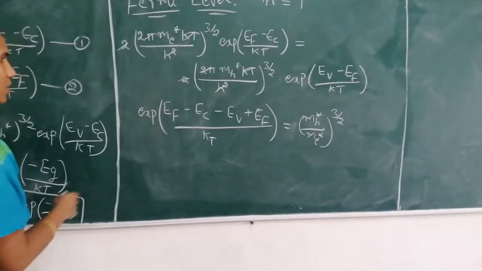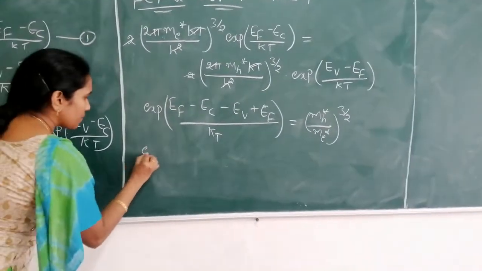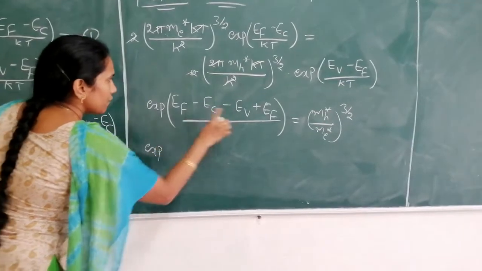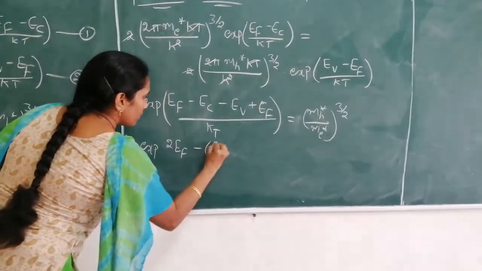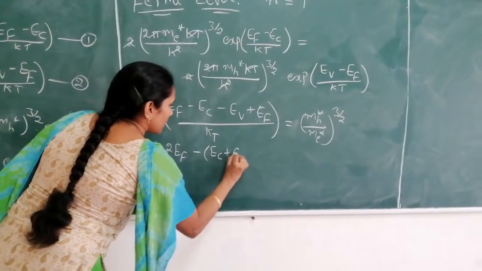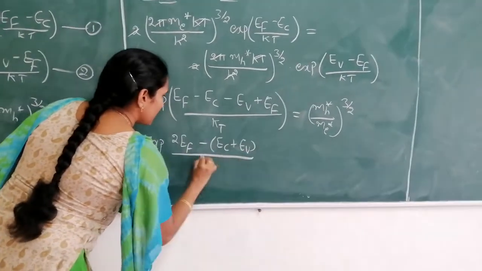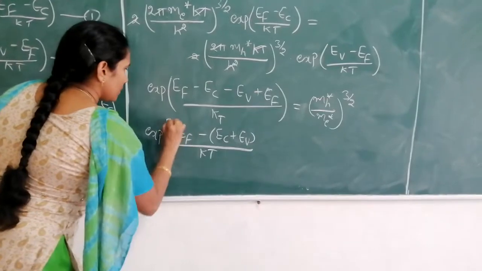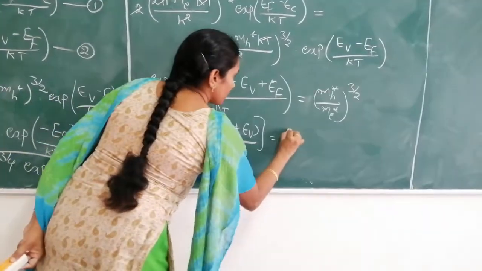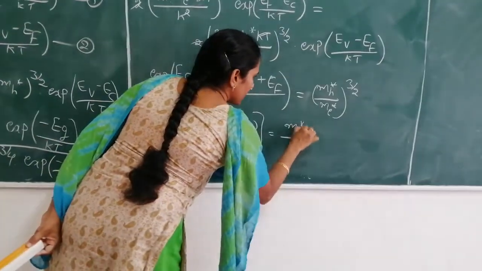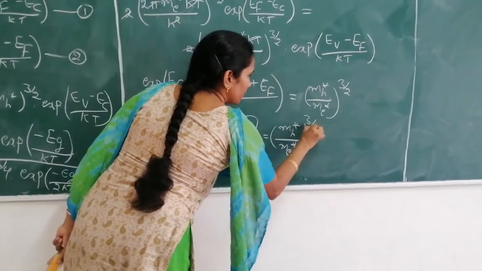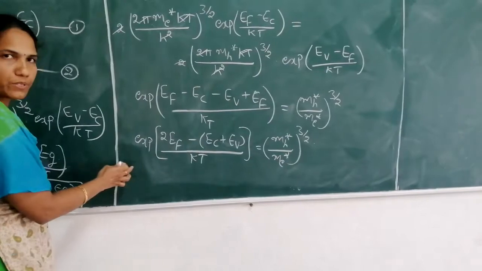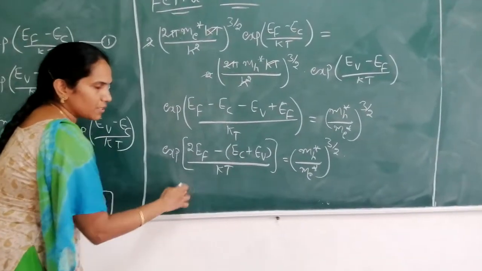So when you simplify this, what you will get? Exponential of (EF plus EF is 2EF) minus (EC plus EV) divided by kT is equal to (mh star by me star) whole power 3 by 2. Now take this exponential of (EC plus EV) by kT to the right side.